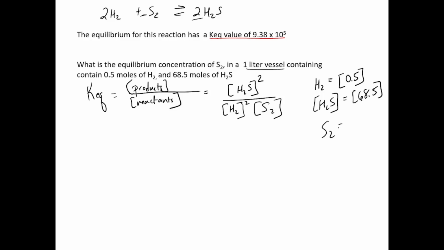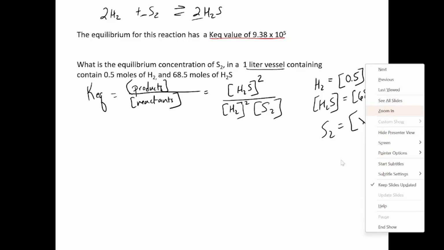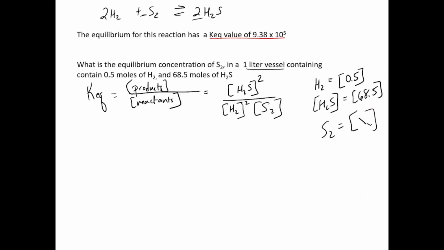And my S2, that's what we're looking for. That is our unknown in this particular problem. Sorry, I updated my tablet and it's doing weird things, so I apologize. So we're going to put X in for S2 because we want this to look like a familiar math equation. So we're going to substitute in the numbers that we have.